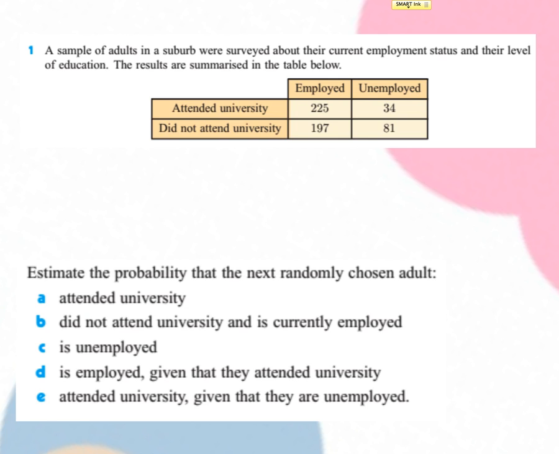A sample of adults in a suburb were surveyed about their current employment status and their level of education. So those are the two categories, employment status and level of education. The results are summarized in the table below.